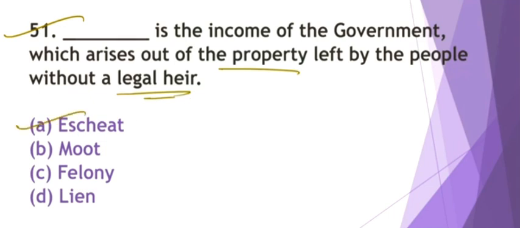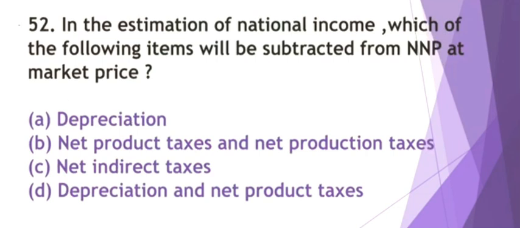Option number A is the right answer, estate. 52. In the estimation of national income, which of the following items will be subtracted from NNP at market price? Option number C, net indirect taxes.